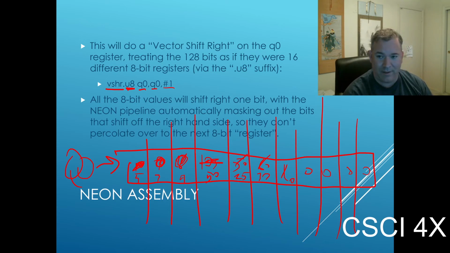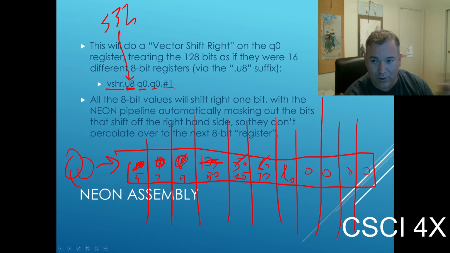What if they're not all 8 bits? Well, then you'd change the suffix, right? But for your image processing assignment, it's all going to be unsigned 8-bit. So it's nice. But yeah, you could do a signed 32-bit. You would change the suffix right there. If you're doing 4 32-bit numbers, that'd be an S32. It's splitting up the register, exactly.